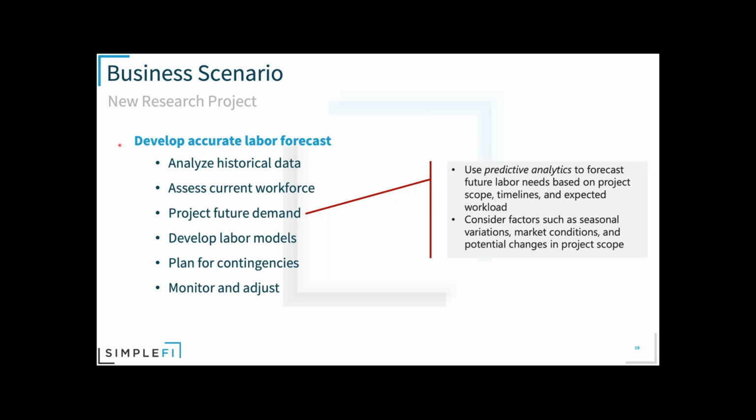Things that we can look at also, seasonal variations in the business as well as the labor pool. Also, market conditions can affect things relative to the labor market for the particular project. A lot of things that we can be looking at here.